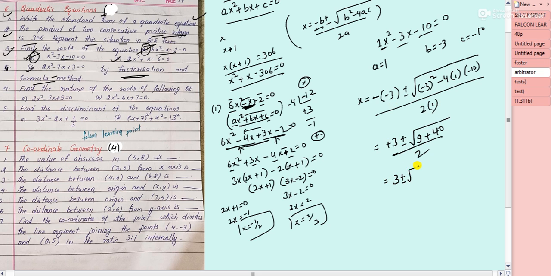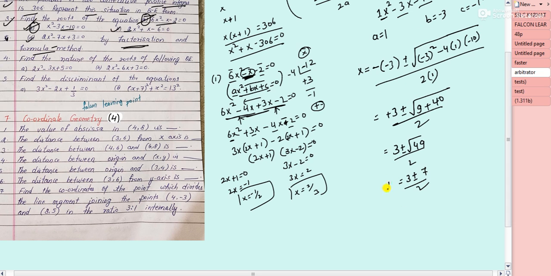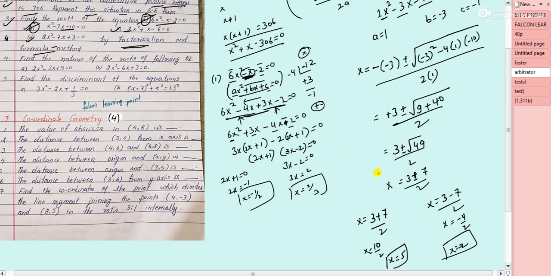So 3 plus or minus root of 49 by 2, so this becomes 3 plus or minus 7 by 2. You have to write one with plus sign and another with minus sign. So 10 by 2 is equal to 5, and here you will get minus 4 by 2, which is equal to minus 2. So these are the values of x. I hope you have understood this.